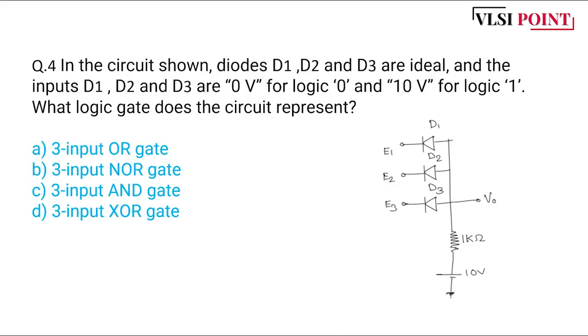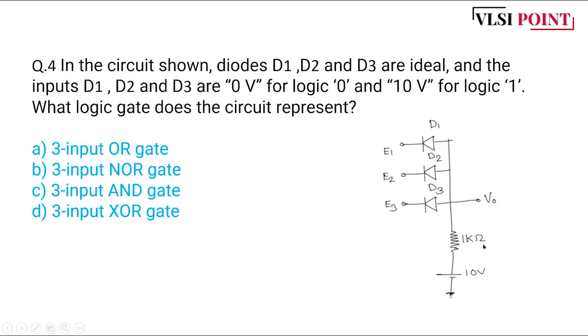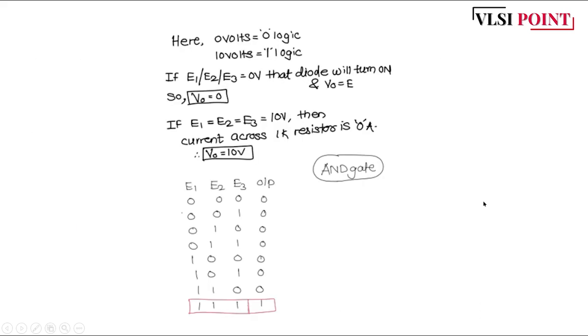If you keep E1 at 10 volt, and here also it is 10 volt, the current flowing through the 1K resistor is 0 ampere. So V0 is becoming 10 volt. Directly this diode gets short circuited because here it is 10 volt. So directly 10 volt will come up at this V0.